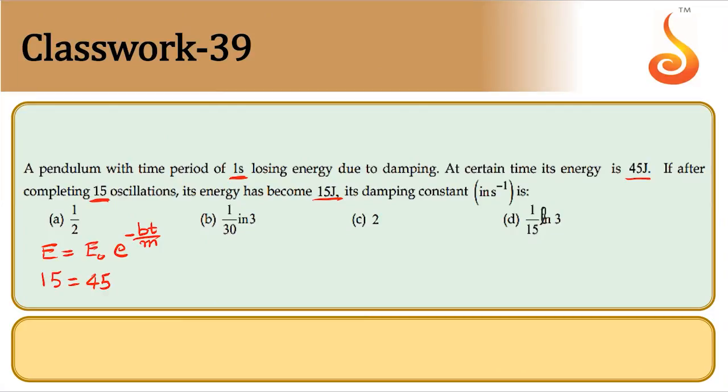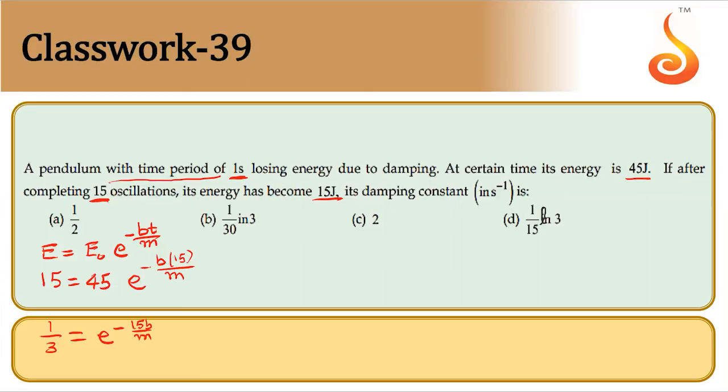That should be equal to e to the power minus b, T is 15 seconds, 15 oscillations. Time taken is 15 seconds. So b into 15 divided by m. So I'll get 1 by 3 is equal to e to the power minus 15b by m.